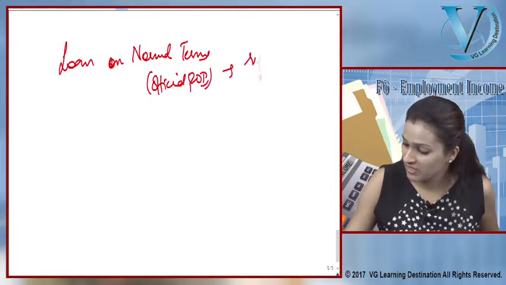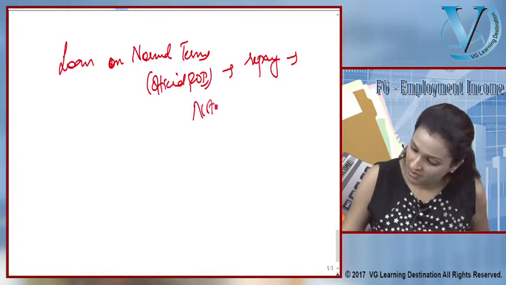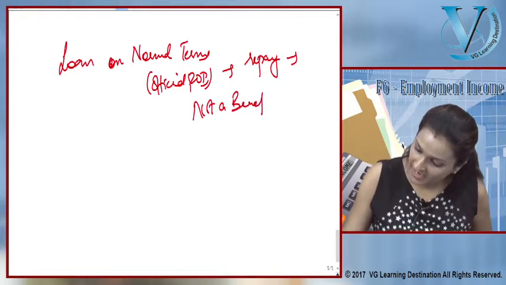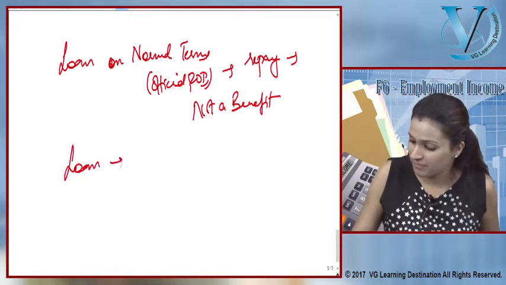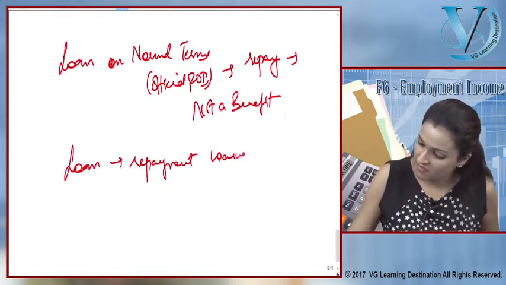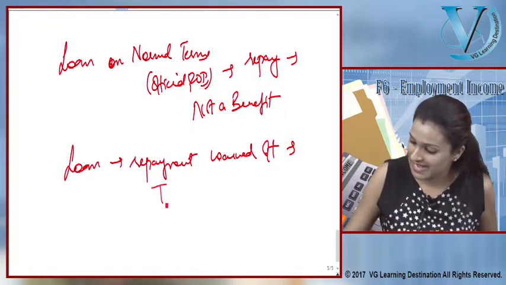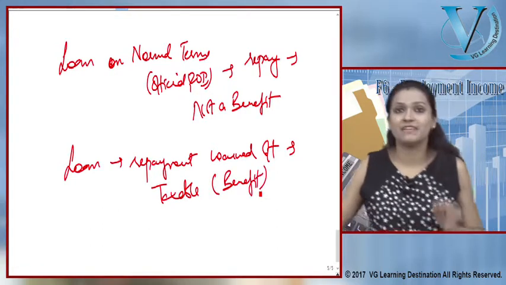You obviously have to repay it as well. So it's okay, it's not a benefit. However, if the loan is there and repayment has been waived off, definitely it becomes taxable. Why? Because it is actually a benefit that has been given to you.